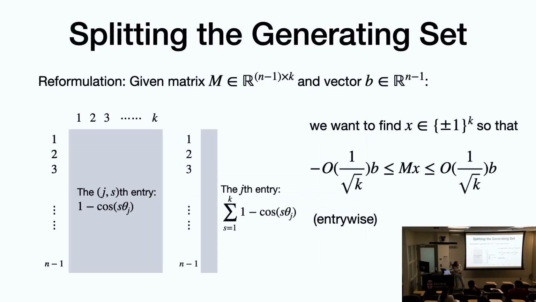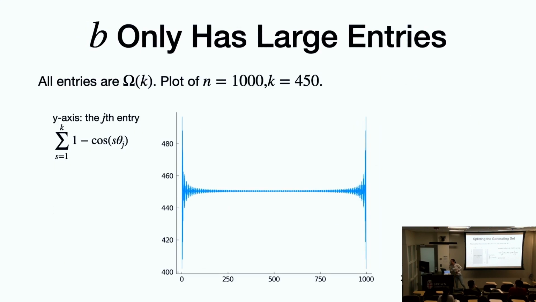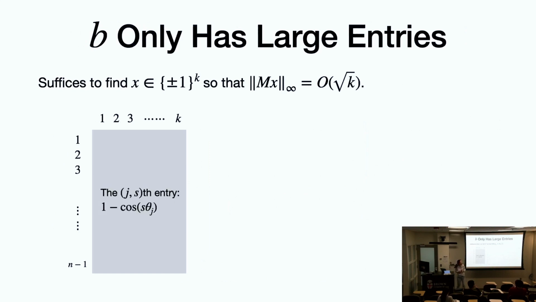Okay, for this case, if we want this, then this is the same as wanting every entry of Mx to have absolute value upper bounded by some constant times root k, because every entry will be between some constant times k and 2k. Yeah, and this is our goal.